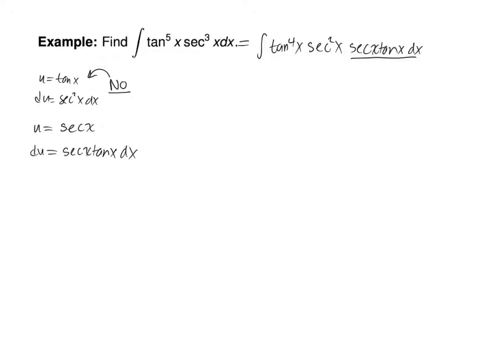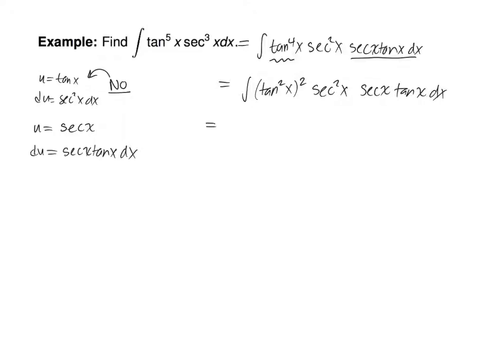Okay, so if our goal is to let u be secant, which part of this do we have to change? The tan to the 4th. And does it make sense that tan to the 4th is tangent squared, squared? So that's tan squared x squared, secant squared x, secant x, tan x.